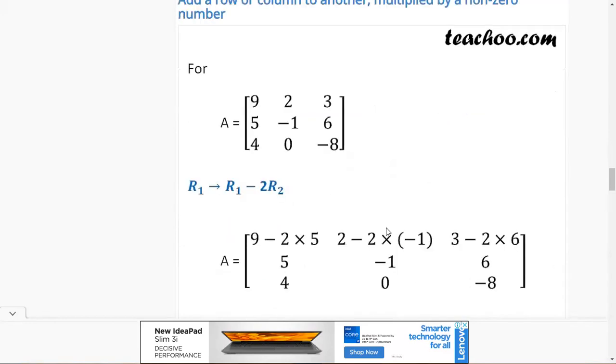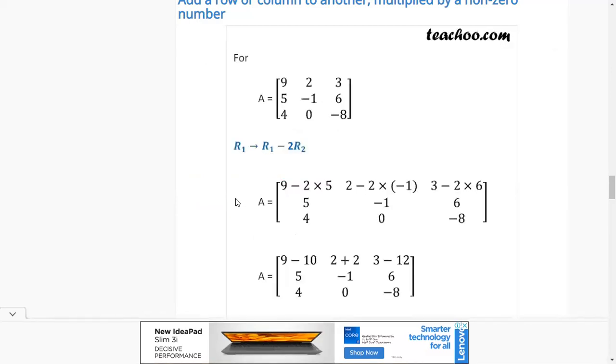So this is how you transform the rows. It is called elementary row operation. If you transform columns, it is called elementary column operations. So remember students, at a time you can do either row operations or column operations. Both together you cannot do.